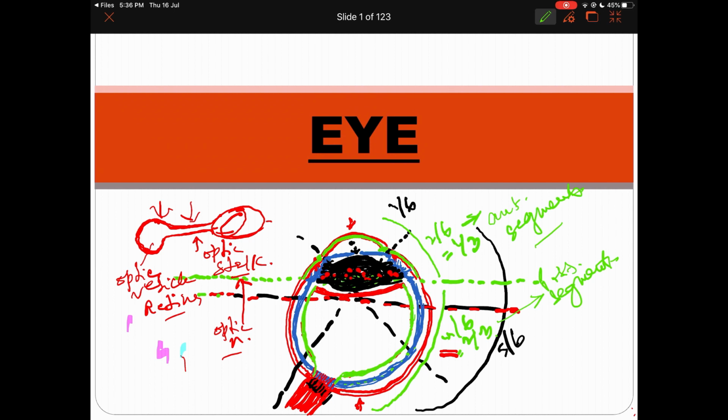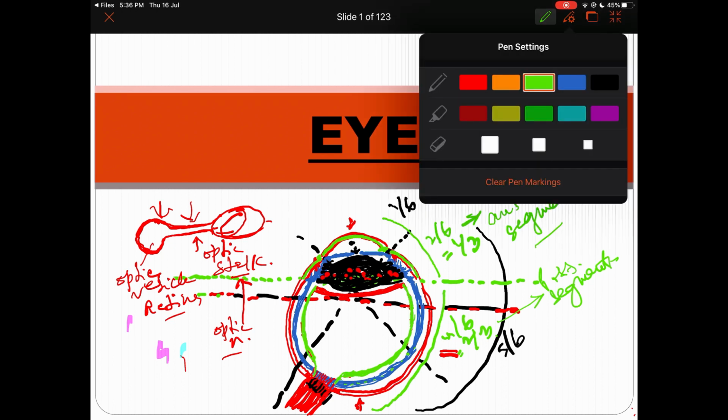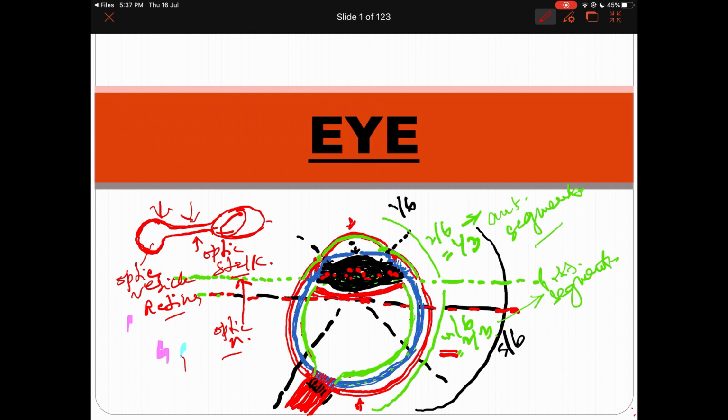The part in touch with the choroid is the epithelial layer. This epithelial layer, which is the green color we have shown here, is the retina's first layer. Sir, will this red be the second layer? Actually, it will form the next 9 layers. It is not just the second layer, it will form the next 9 layers. So will the next 9 layers be just behind your lens?